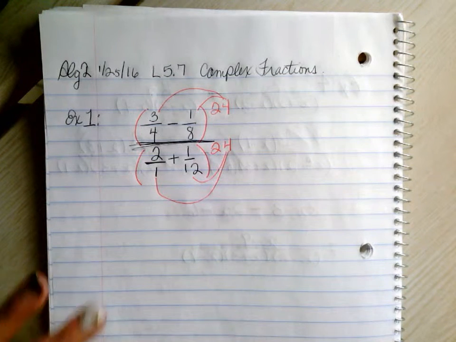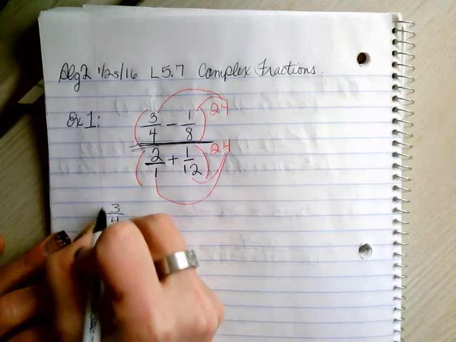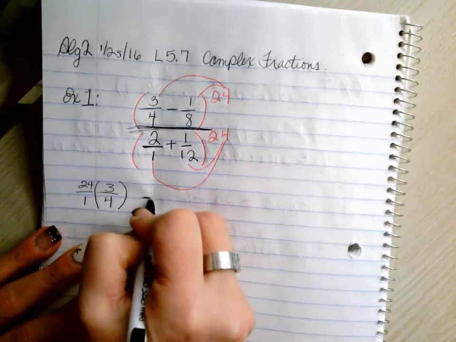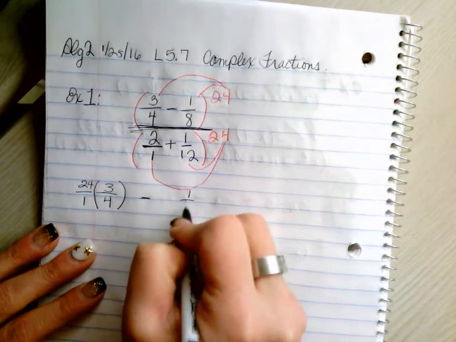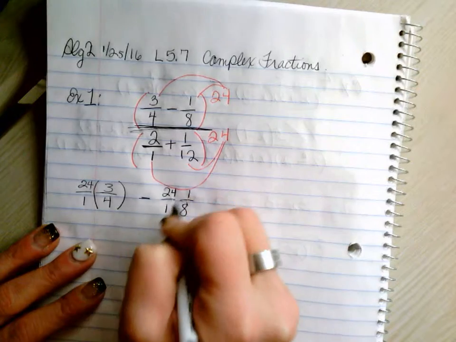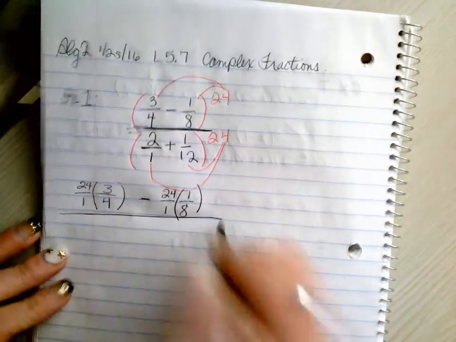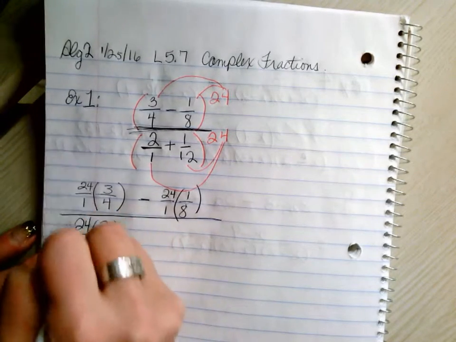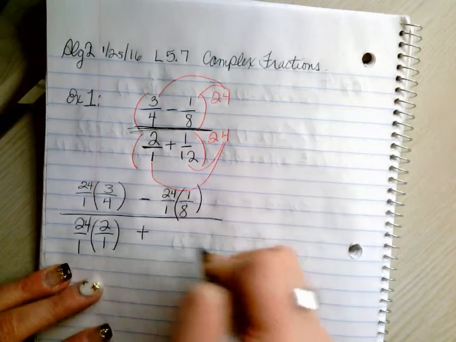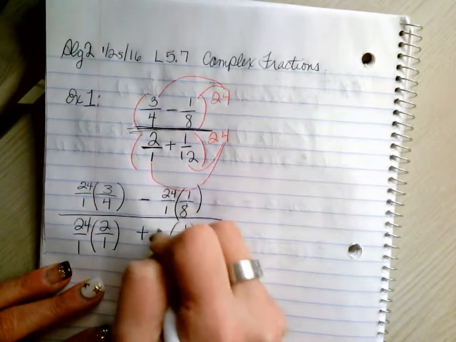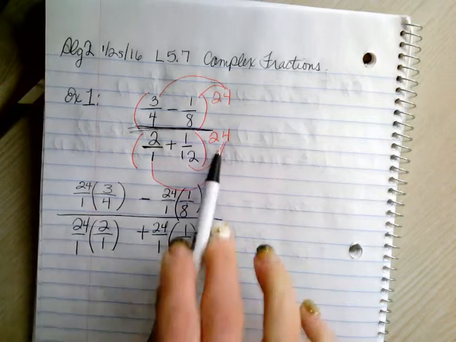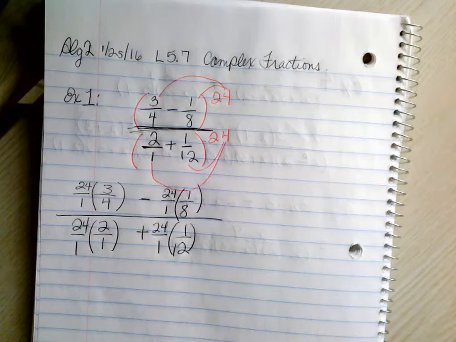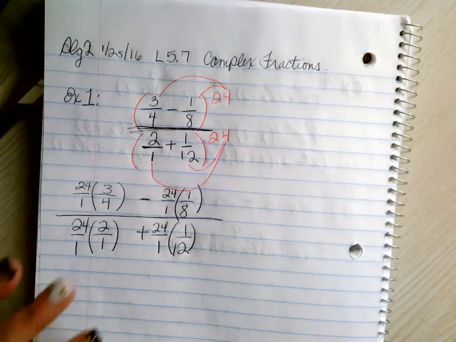So think of it as 3/4 times 24 over 1 minus 1/8 times 24 over 1, divided by 2 times 24 over 1 plus 1/12 times 24 over 1. Okay, so do you see how I've inserted the 24 as what I'm going to multiply, and obviously that's going to cross-cancel all those denominators.